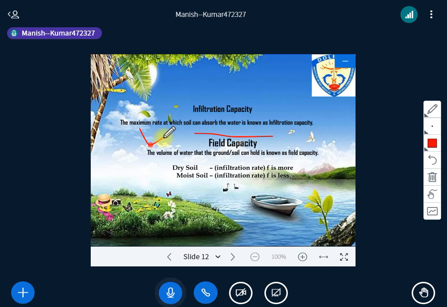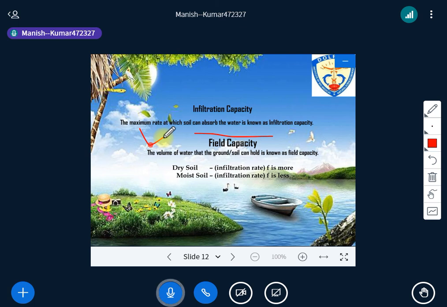What will be the time frame in which the amount of water has to be absorbed by the soil surface? You can understand it this way: in the summer season, if rainfall lasts for 1 or 2 hours, we have seen that within a few minutes you are unable to get any deposition of water on the surface, because there is dryness in the soil.